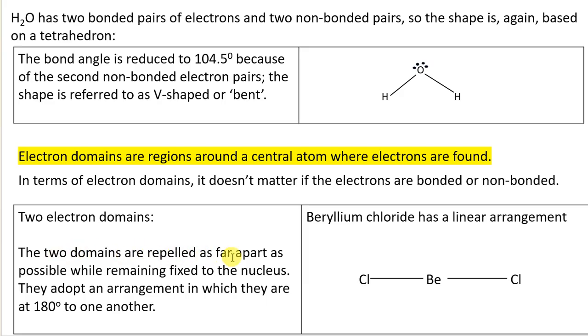Two domains are repelled as far apart as possible while remaining fixed to the nucleus, meaning the bonds are still fixed to the nucleus of the central atom, Be in this case. They adopt an arrangement in which they are at 180 degrees to one another, linear, 180.